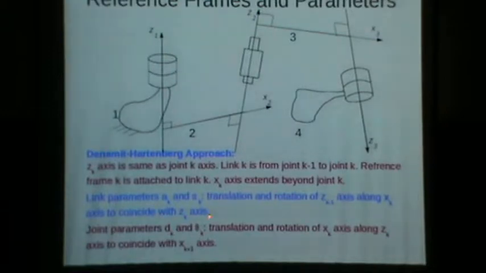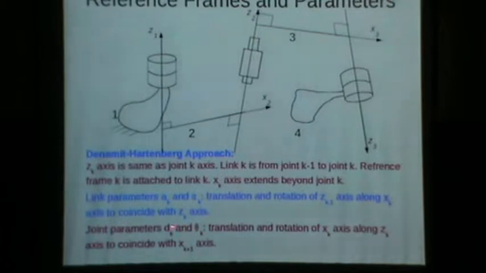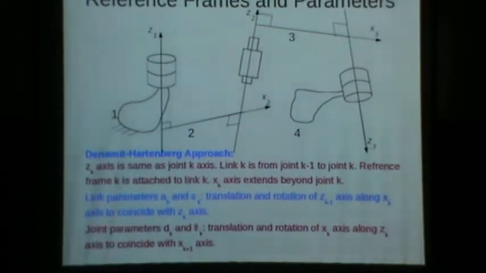And the angle between these two x-axes on the z joint is called theta, the joint angle. So remember, in a prismatic joint, theta is fixed and d varies. In a revolute joint, d is fixed and theta varies. Okay. So this is the way we define it.